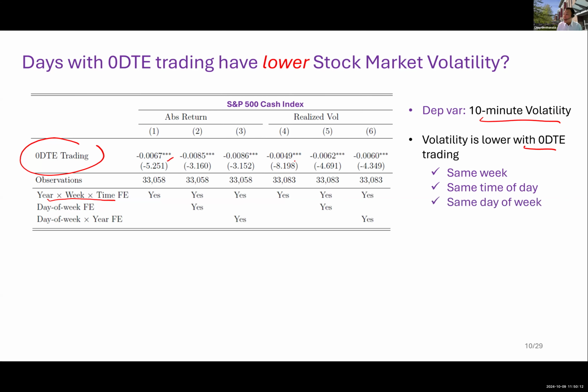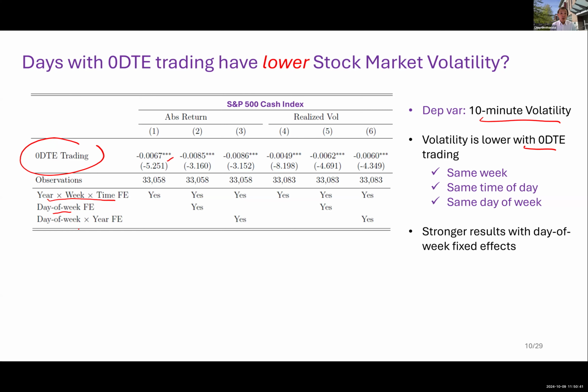Now, if we add day of week fixed effects, the results become stronger. With the day of the week effects, we are now comparing volatility within the same week. And how we identify this comes directly from the occasional expirations of Tuesday and Thursday contracts that are due to quarterly end of the month holiday exceptions.